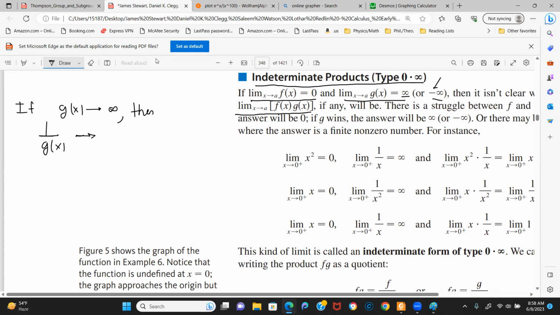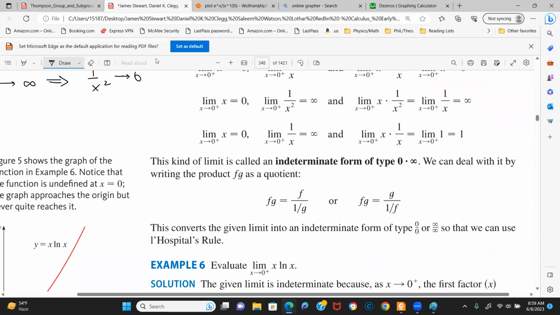For example, x squared goes to infinity, and so that's going to imply, according to this fact right here, that 1 over x squared goes to 0.